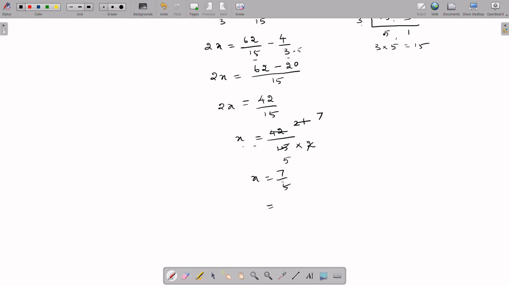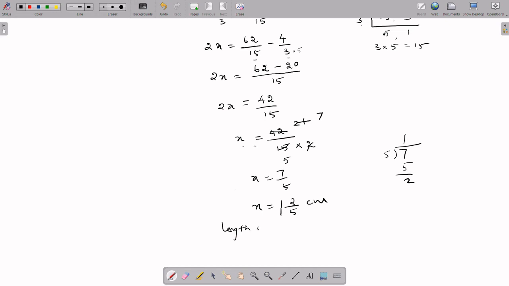Or this term can be written as a mixed number. How many times is 5 in 7? 1 time is 5, and what is remaining? 2. So you can write 1 2/5. The value of x is equal to 1 2/5 centimeter. That is the value of x. What is x? x is the length of the equal sides.